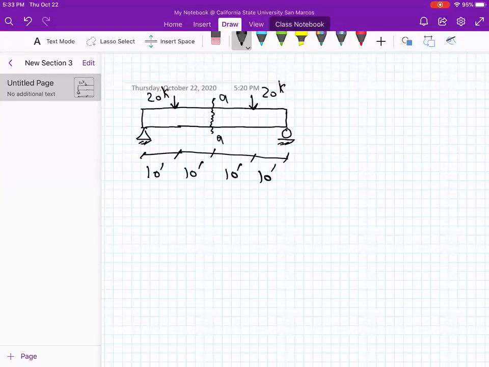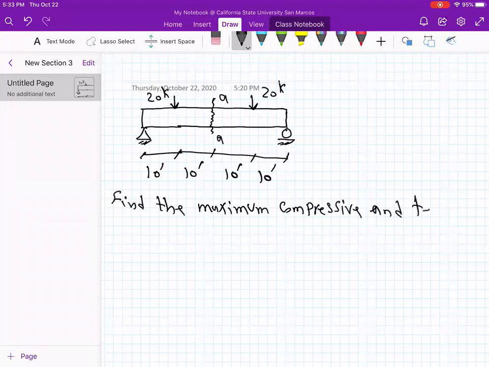We want to find the maximum compressive and tensile stresses in the section AA.